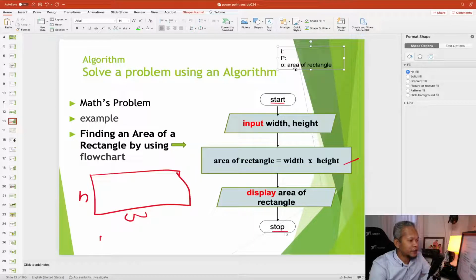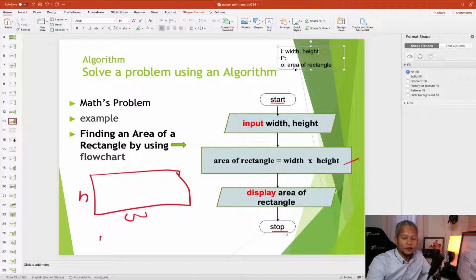So what is unknown, or what is the data to be entered by the user, is width, comma height. Okay, so those are two variables we will declare to store data in the computer memory.